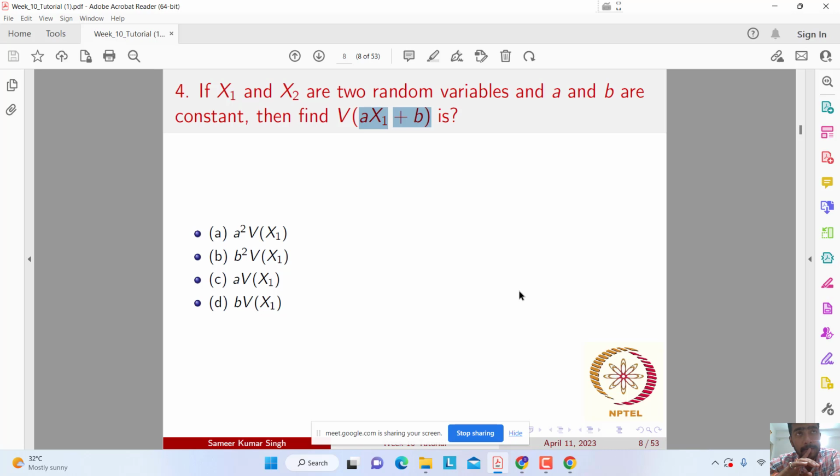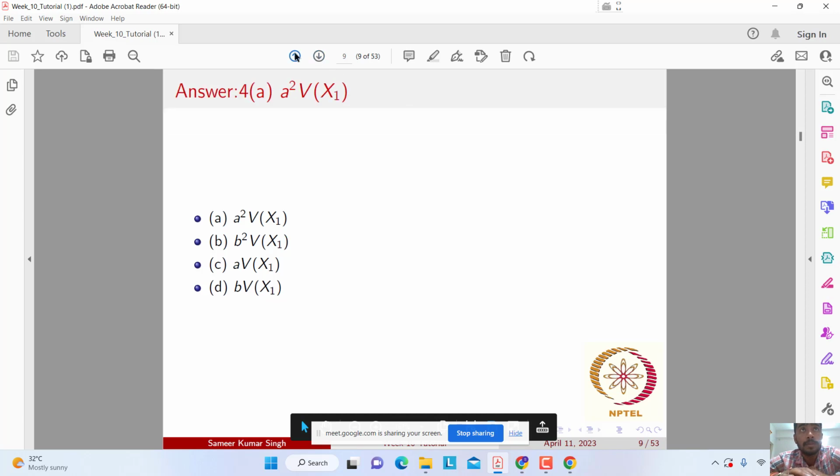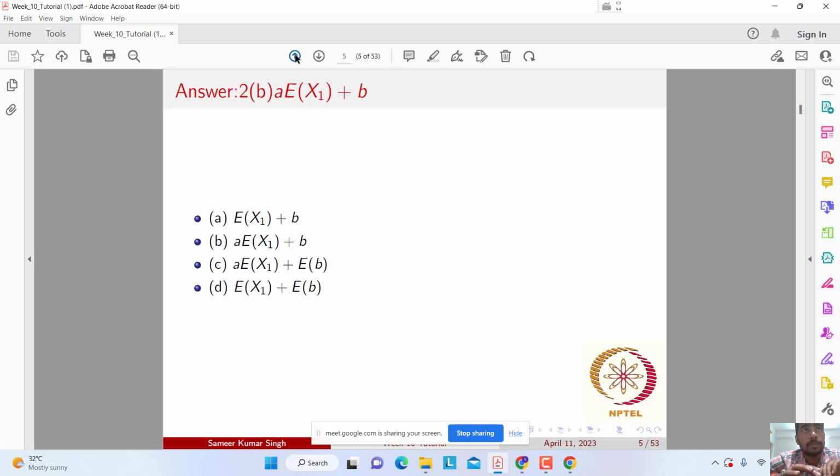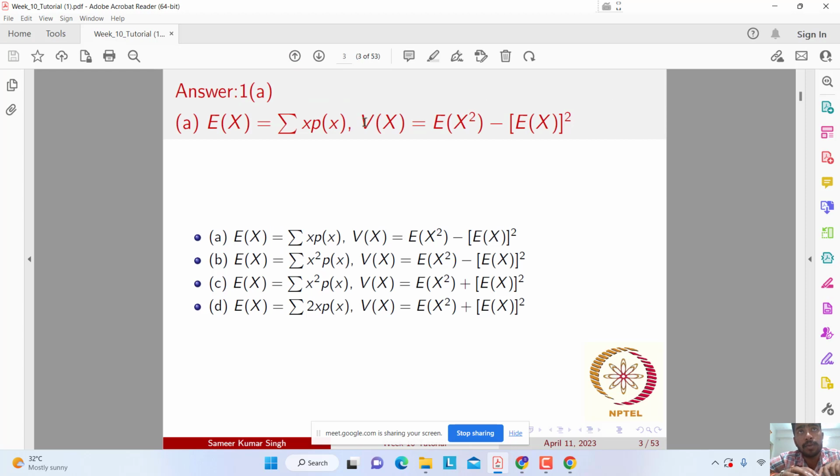Try again. I think it's not A. No, yeah, it's A. Okay, you can try this way. This is the formula to calculate the variance. Minaz, look there.